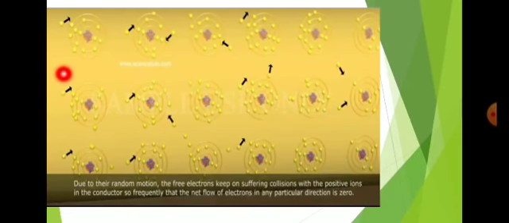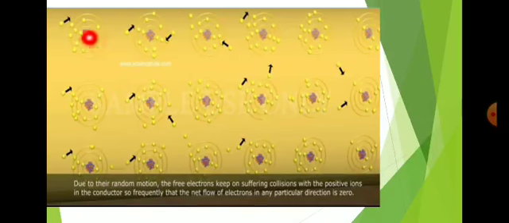And here, let us consider the metal. In the metal, atoms are present. These are the atoms. In the atoms, protons and neutrons are present and electrons revolve. Here, the electrons are free to move and collide with each other. These free electrons are known as valence electrons.